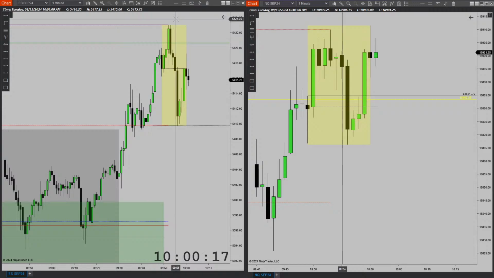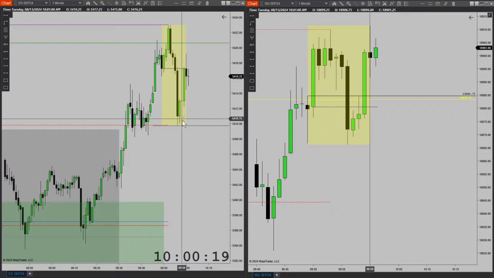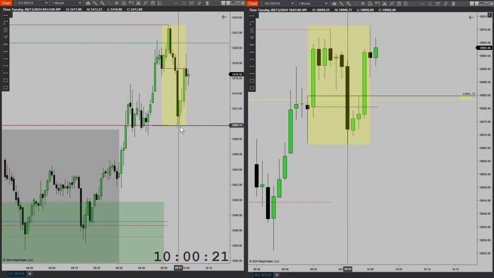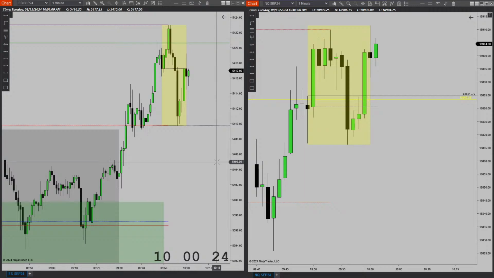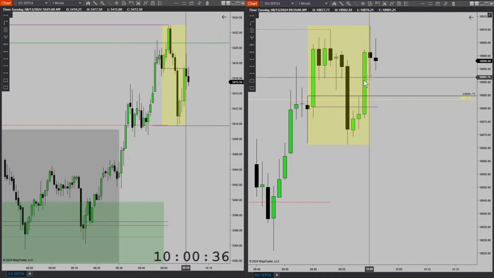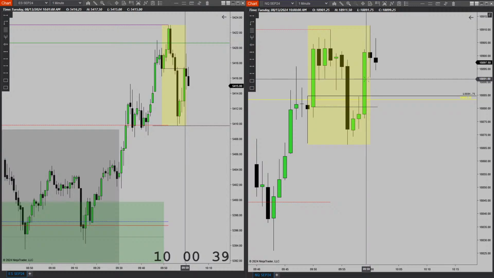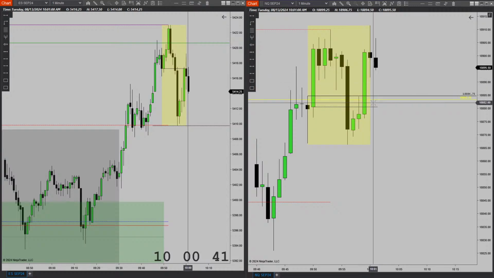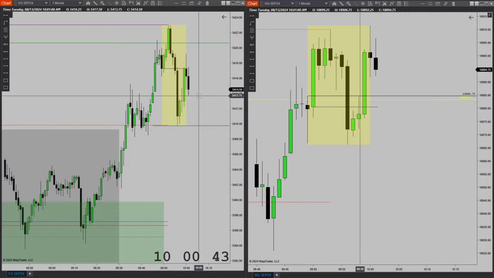If I do enter here, then I would like to enter without price sweeping this low first. This is a balanced price range here. So it would mean a lot if price drew lower going from there.